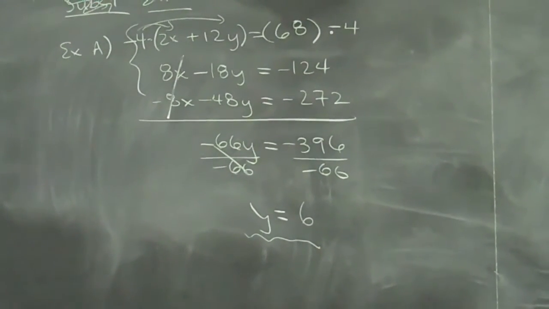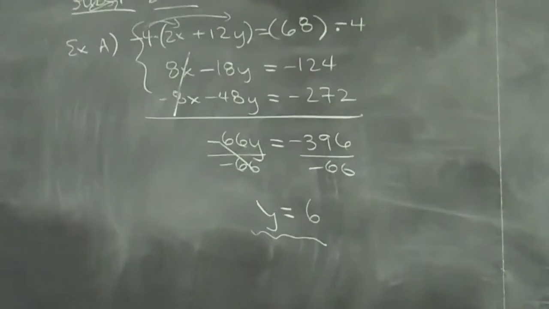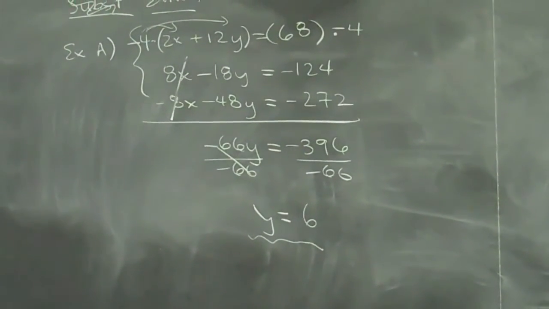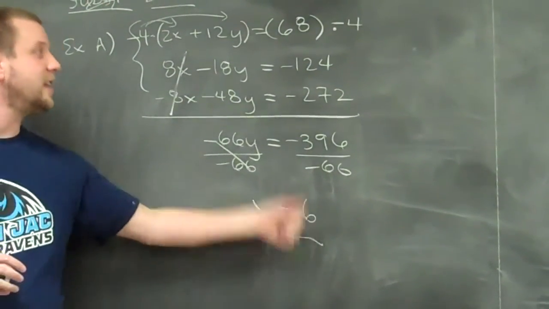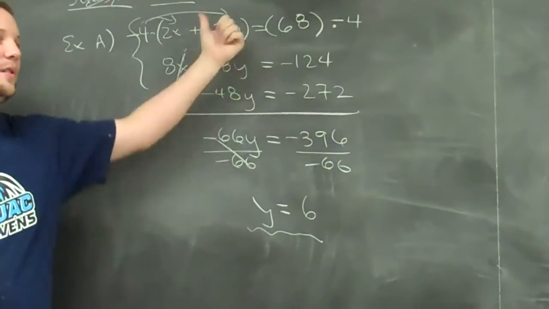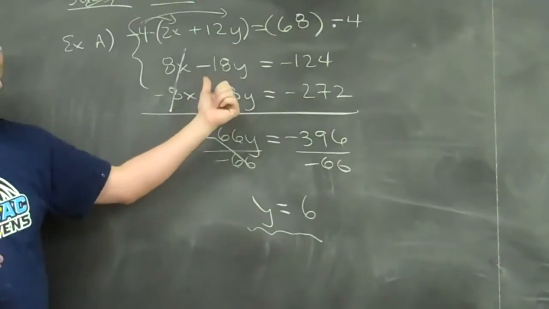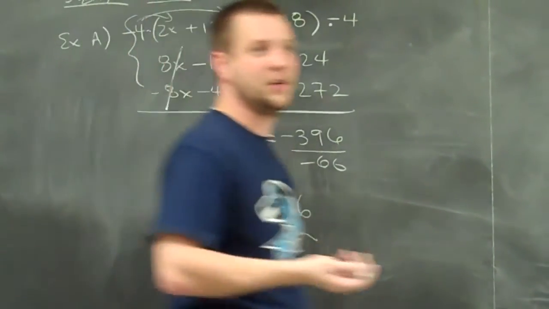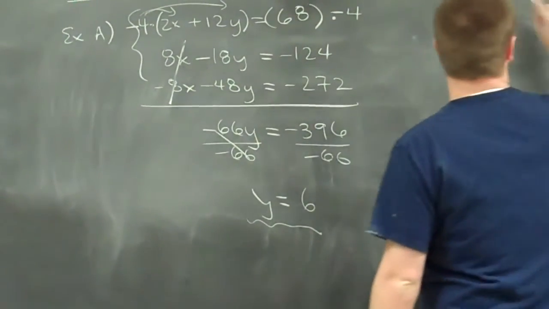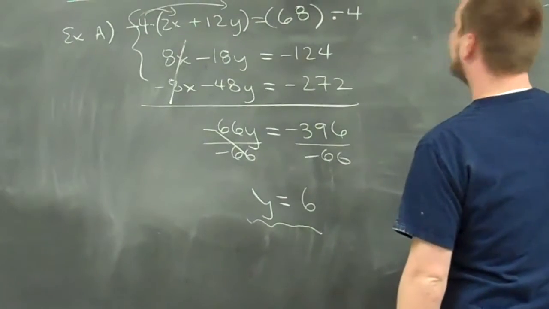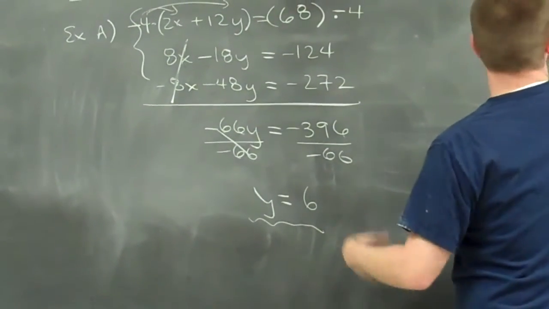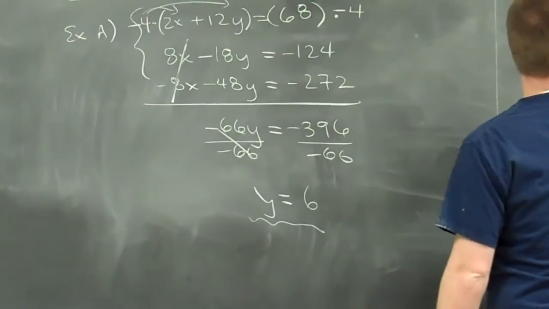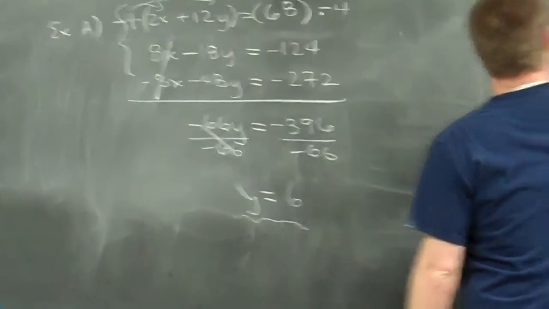Alright, so we get y equals 6. And if I want to find my x, I take either one of the two originals, whichever x looks easier to solve for. Being top, it doesn't matter because the calculator's going to do all the arithmetic for you, right? But sure, top. 2x plus 12 times 6 equals positive 68.